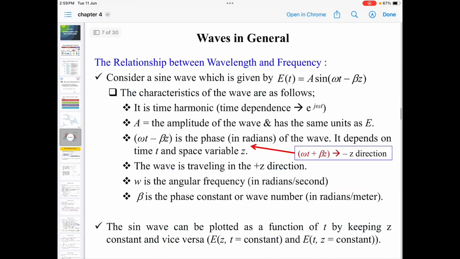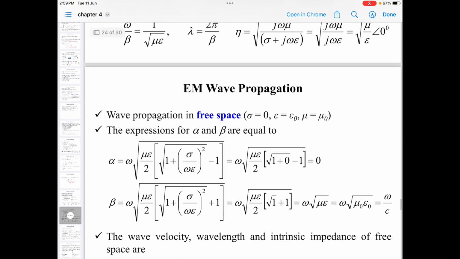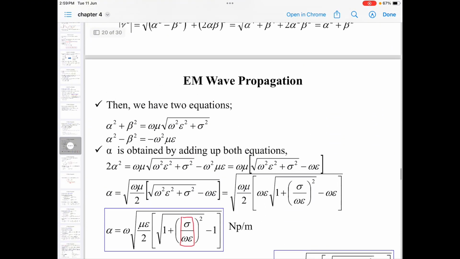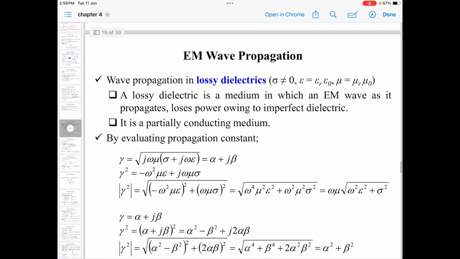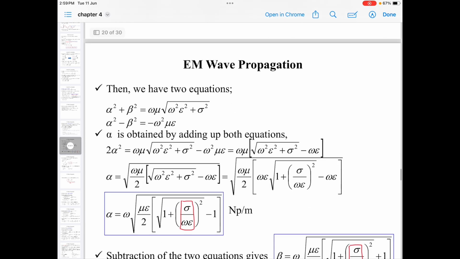So we flip back to our notes, to the types of medium that we have. Lossy, this is not lossy because we don't have the attenuation constant; the alpha should be 0.